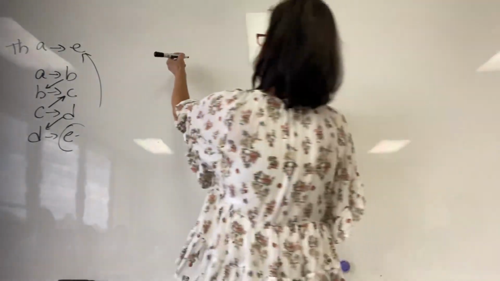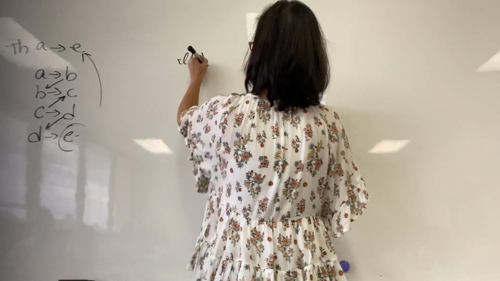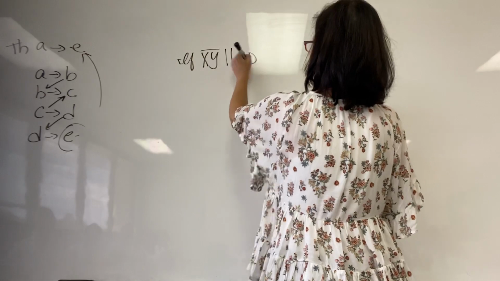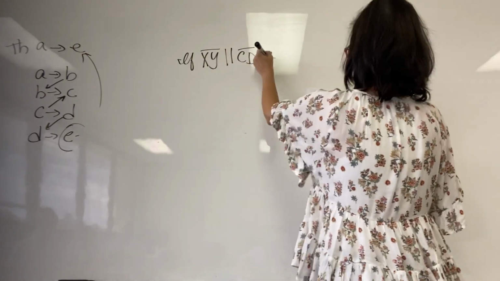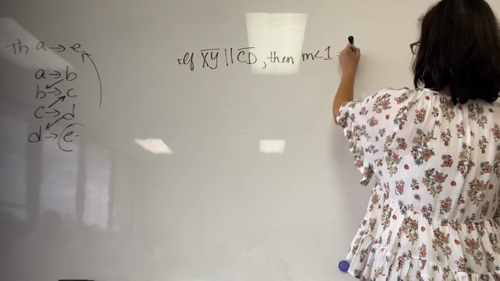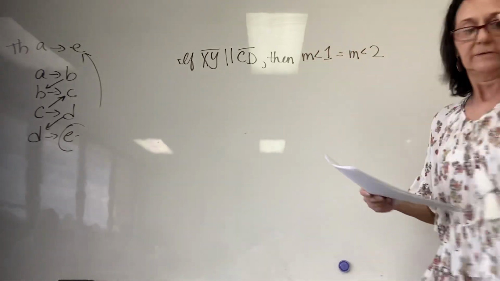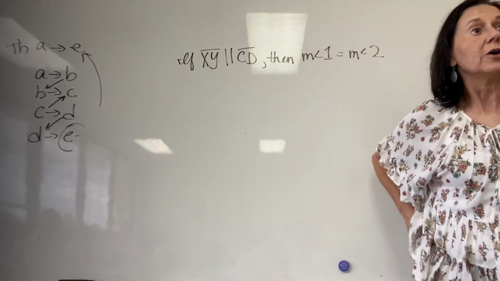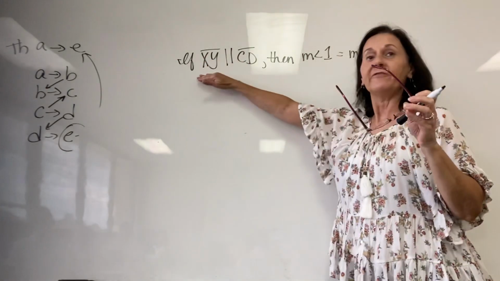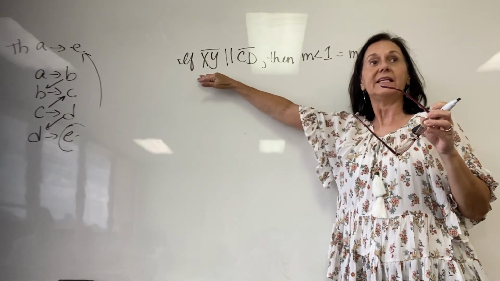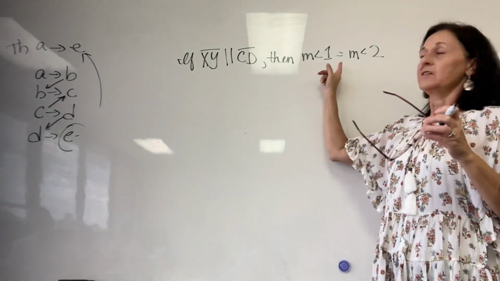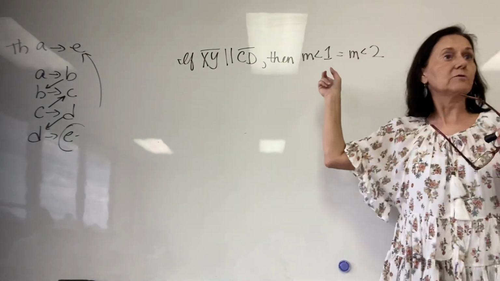All right, so look at this statement. If those line segments are parallel, then the measure of angle 1 equals the measure of angle 2. If this were a direct proof, I would say if XY is parallel to CD, then something, and I would go on until my last statement would be the measure of 1 equals the measure of 2.